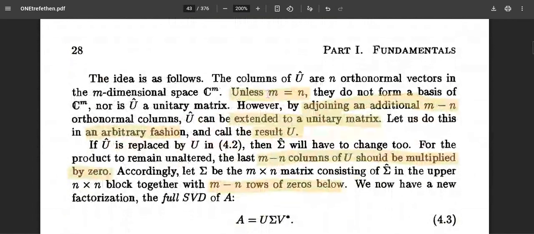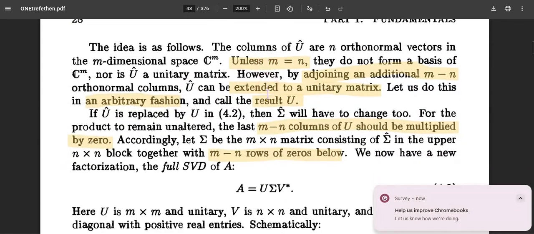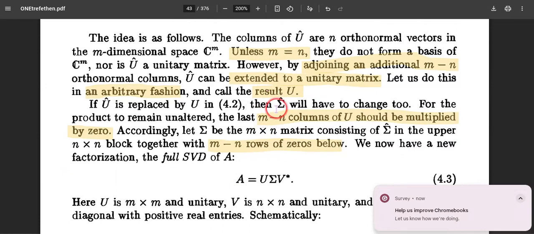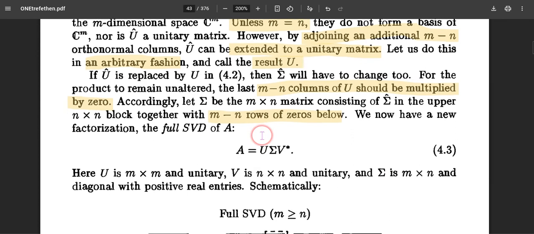In order to compensate for that, we will add m minus n rows into the diagonal matrix, so that it will be multiplied with those redundant m minus n columns to have this m cross n.